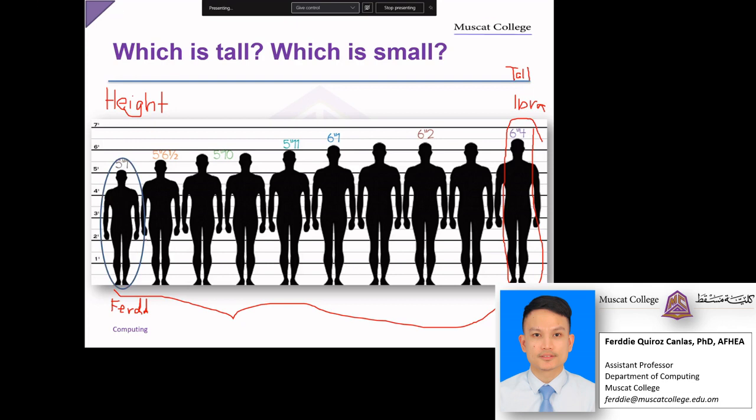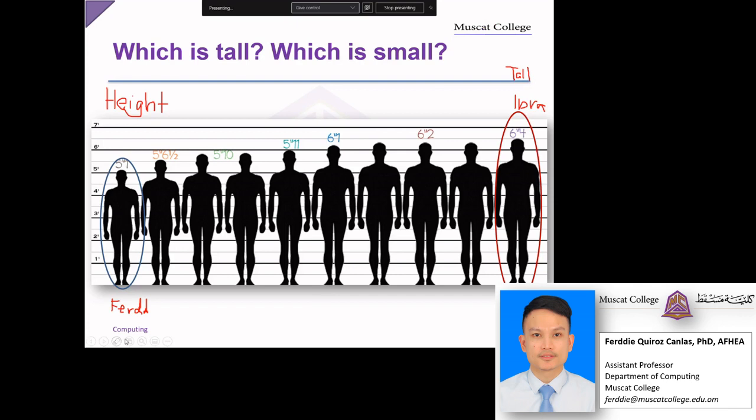Dr. Ferdy is small because obviously he's the smallest in the group, right? And Ibrahim is the tallest. We know it. No problem for that. Dr. Ferdy is the last in the list, and Ibrahim is also last in the list, which is the tall one, and I am the small one.